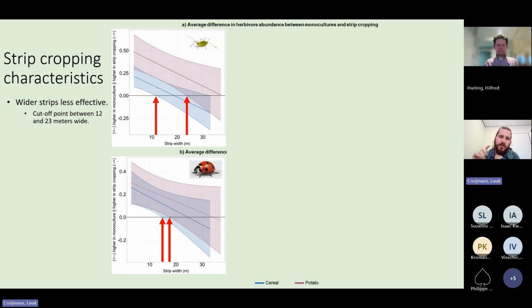But somewhere there, you start to see that it responds in a similar way than a monoculture does. So if it's below 12 meters, you can expect an effect of strip cropping. But if you go beyond that, it becomes a bit more nuanced. And beyond 23 meters, it just starts to act a bit more like a monoculture does in this response.